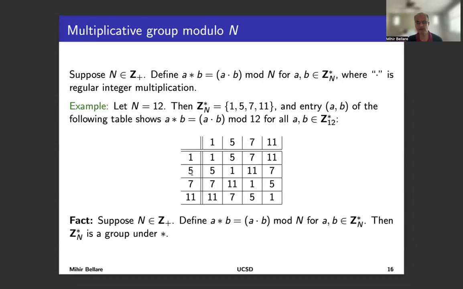So for example, 5 times 5 is 25, and 25 mod 12 is 1. 5 times 11 is 55, and 55 mod 12 is 7. Again, the claim will be that this set, Zn star, under multiplication mod n, will meet the axioms of a group we give next.